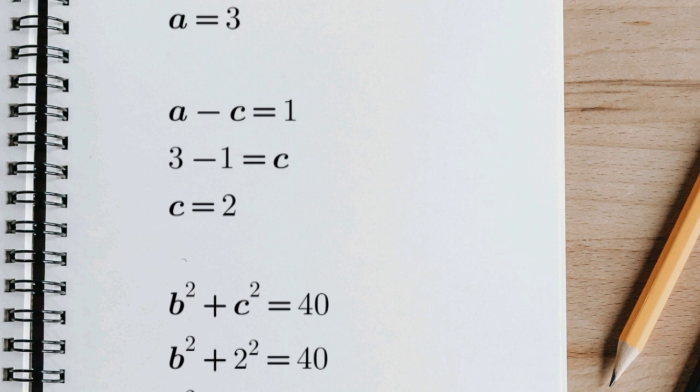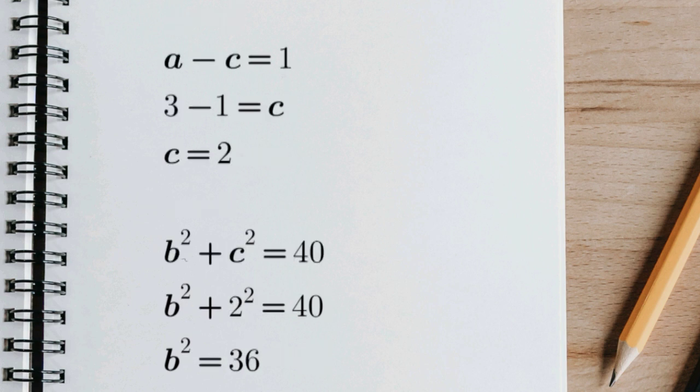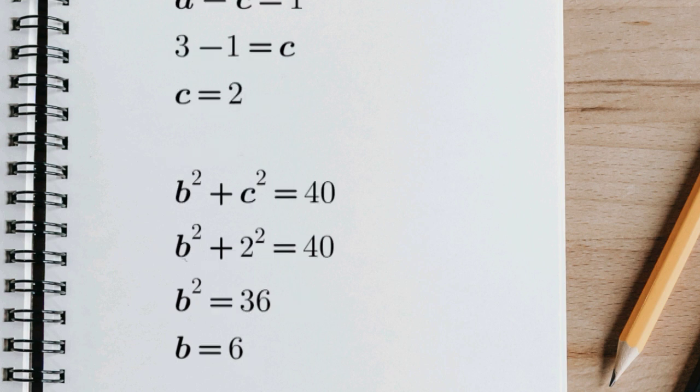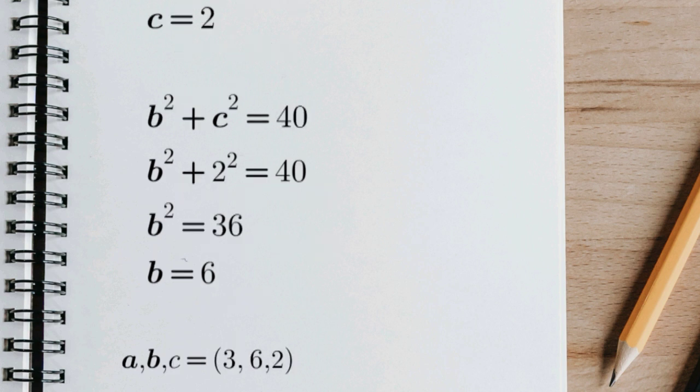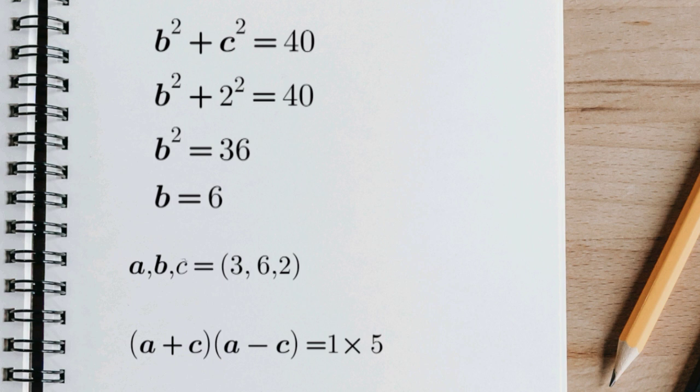So with this we have b squared is equal to 36. Then we take the square root of both sides, and b is equal to 6. So in this first case scenario, a, b and c are equal to 3, 6 and 2, all positive integers.